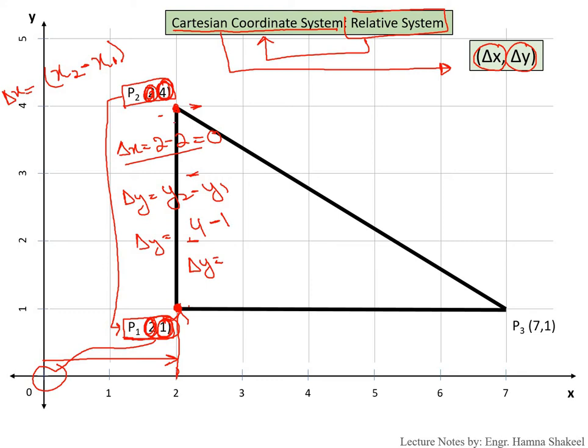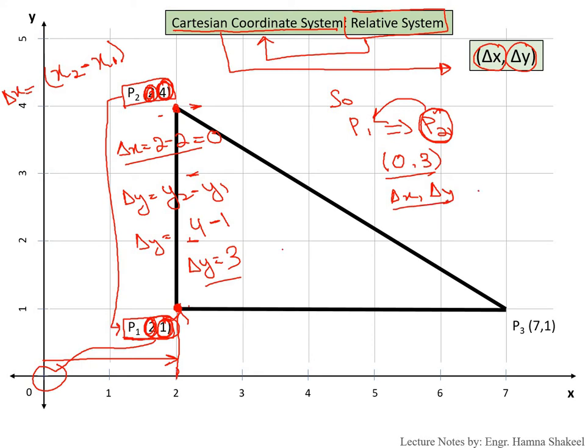So the distance traveled in the y direction from P1 to P2 is 3 units. So to move from P1 to P2, you have to move 0 units in the x direction and you have to move 3 units in the y direction. So you can say that the relative position of P2 from P1 is 0, 3. That is delta x and delta y.